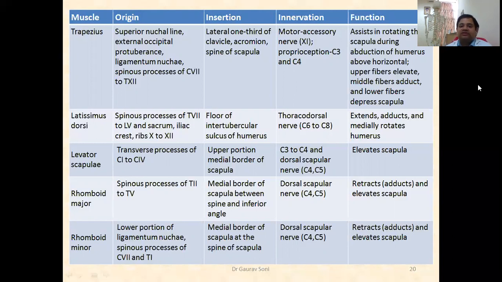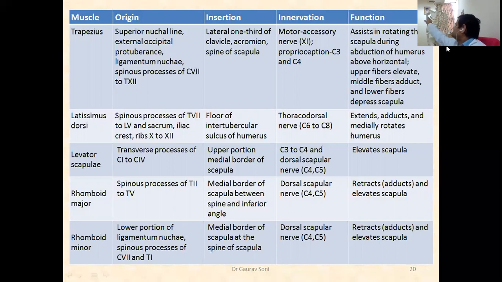So there is pectoralis major, teres major, and in between there is latissimus dorsi. It is innervated by a nerve of the brachial plexus, the thoracodorsal nerve, C6 to C8. It helps in extension, adduction, and medial rotation of the humerus. So these two you can simply see here. This covers the latissimus dorsi part.